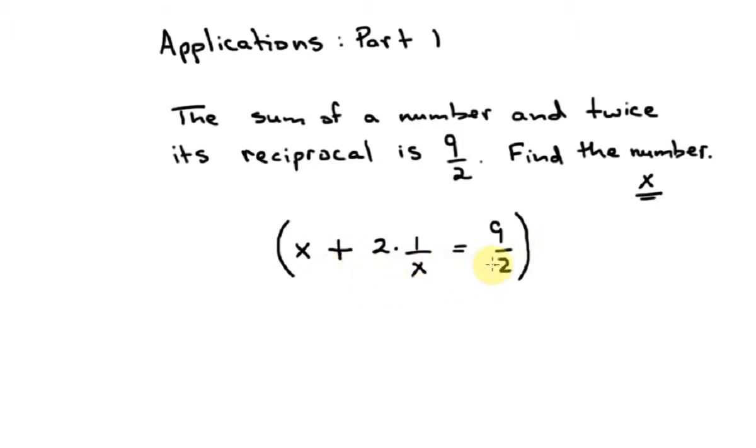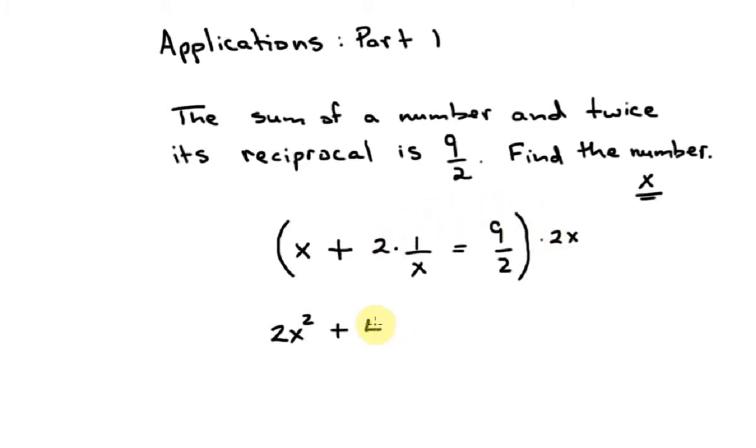So I'm going to multiply everything by a 2 and an x. Okay, so I got 2x times everything. So here's x times 2x, so that's 2x squared, plus, now this is like 2 over x, so the x here cancels with the x that we're multiplying by, and that just leaves the 2 times the 2.